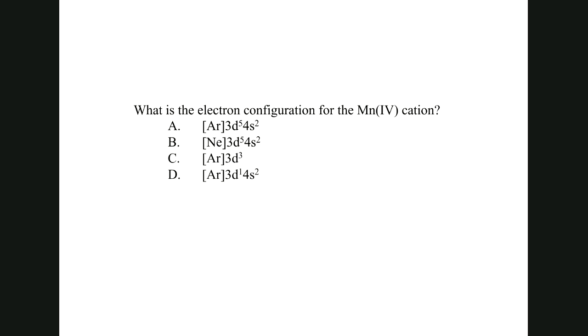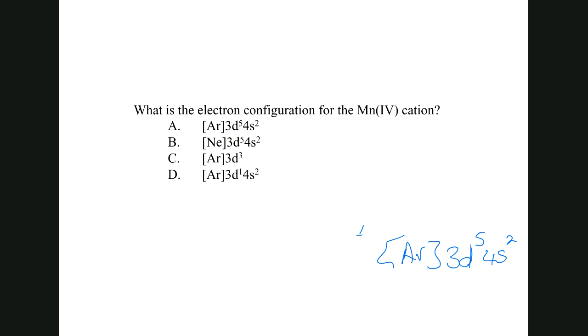So it's manganese cations. The first thing we have to know is the electron configuration for manganese. You should remember now that it will be Ar 3d5 4s2. The question is asking us for the manganese cation, which means that we would have lost 4 electrons.